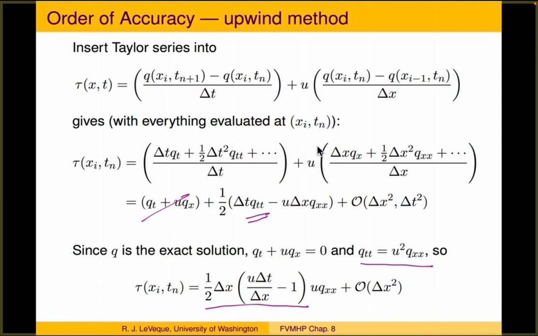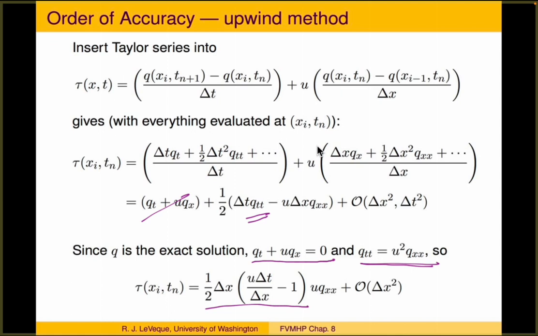And you can calculate that again from the differential equation, since q is the exact solution. If we take this differential equation, qt plus uqx equals 0, and we differentiate with respect to time, and also differentiate it with respect to x, and then use those two to eliminate the cross-derivative qxt term, you end up with this sort of wave equation, qtt equals u squared qxx.